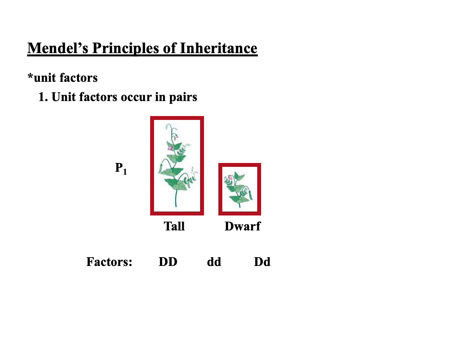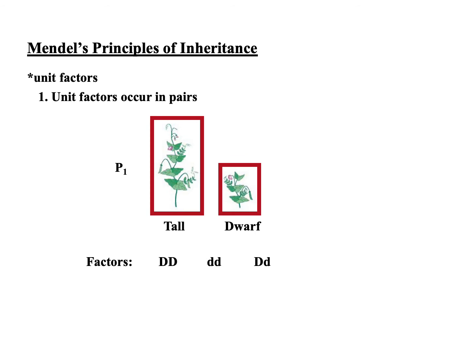There is, however, one additional combination that could occur if individuals do in fact have 2 copies of unit factors. And that would be a situation where 1 unit factor is the instructions to make tall plants, and 1 unit factor is the instruction to make dwarf plants.